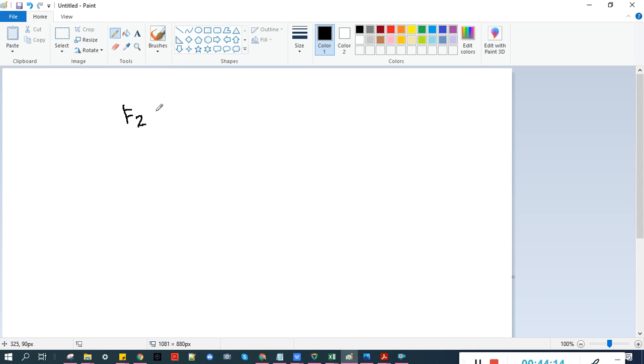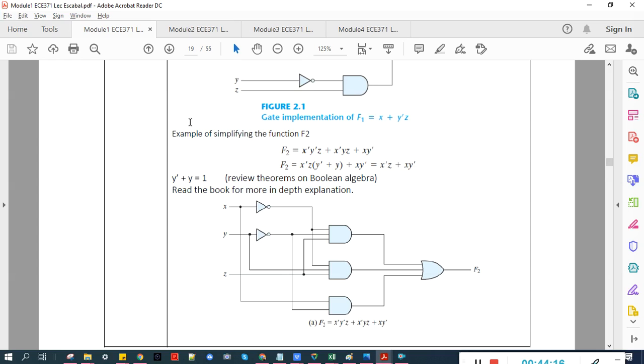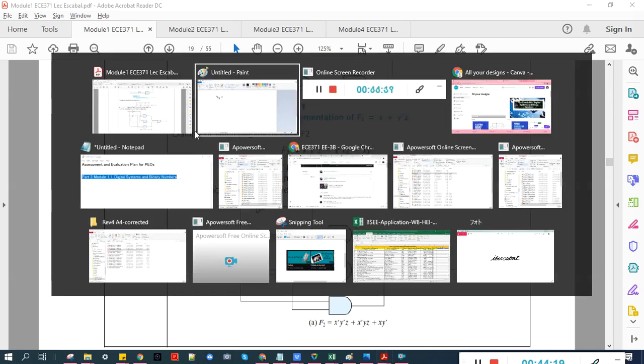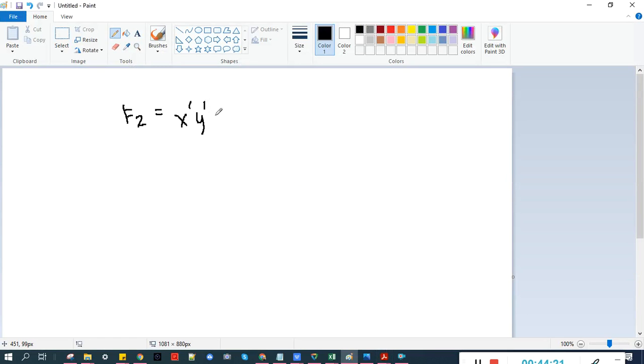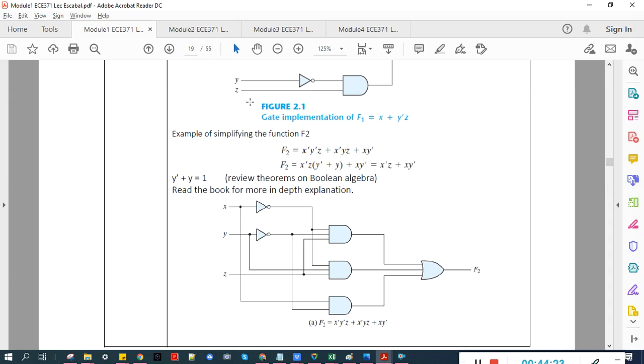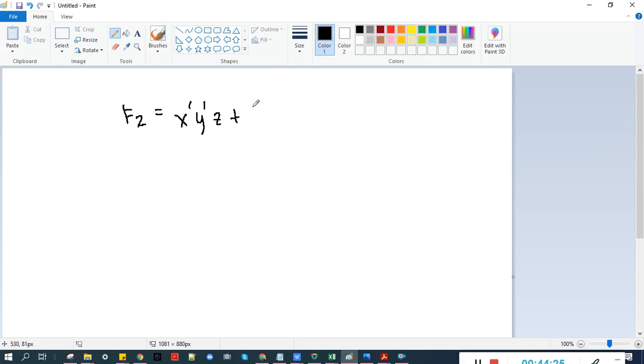F2 is equal to, let's copy, x prime y prime z, ORed with x prime y z, ORed with x y prime. Let me try simplifying it. It's been a long time. Where are we going to start simplifying?